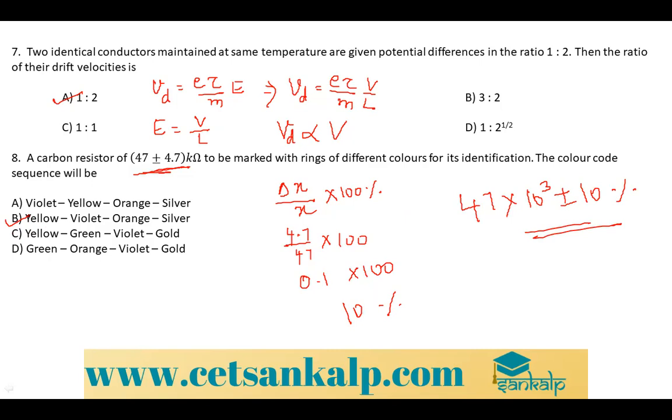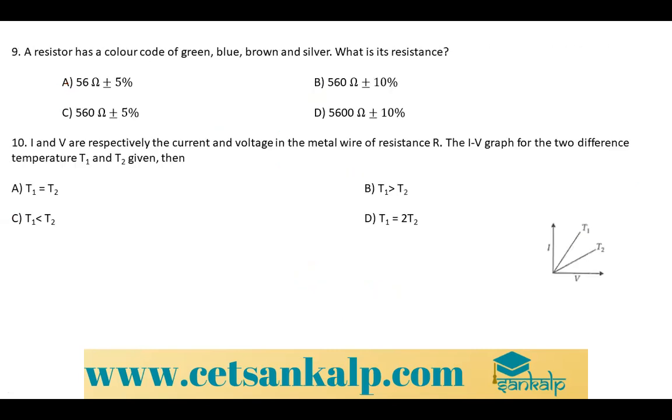Clear? Fine. A resistor has a color code of green, blue, brown, and silver. What is its new resistance? That is what they have asked. So you have the values, you have to remember the table.